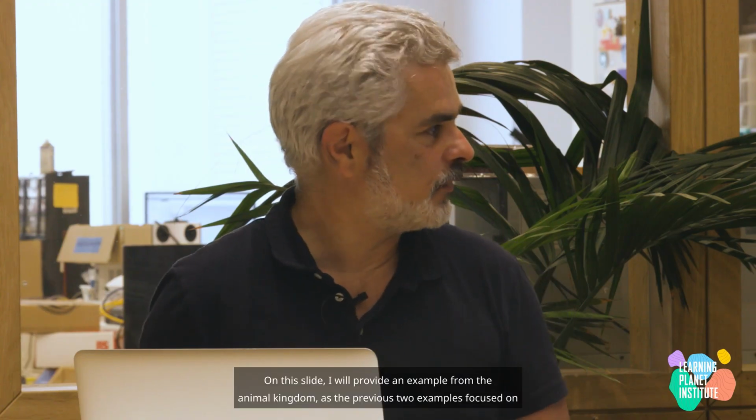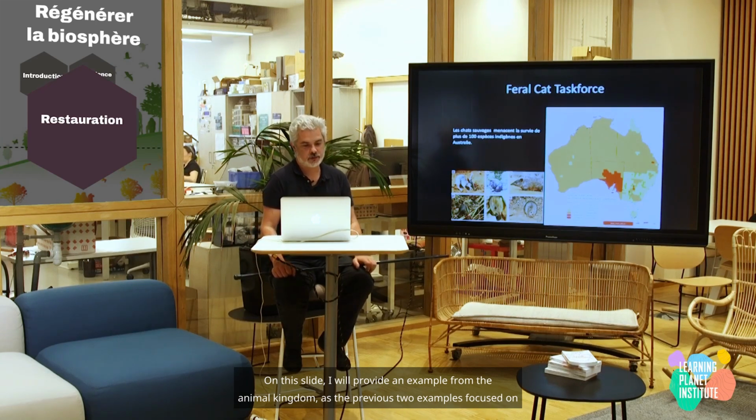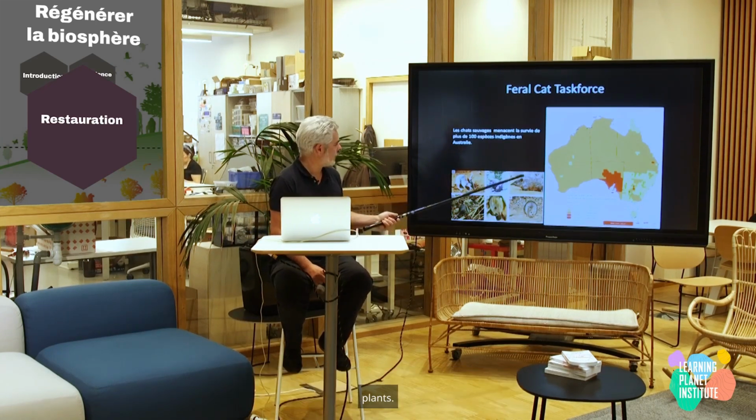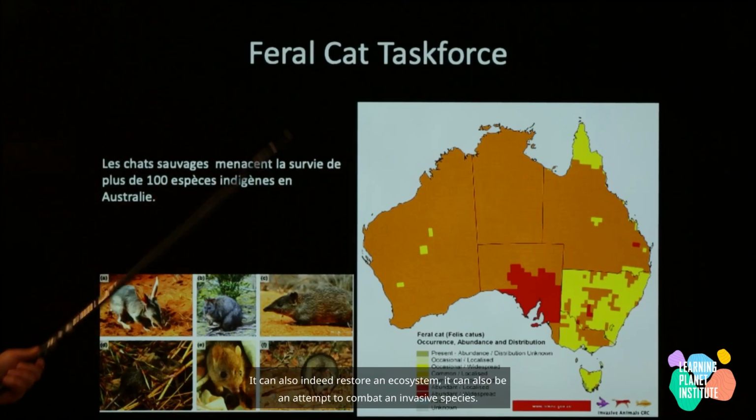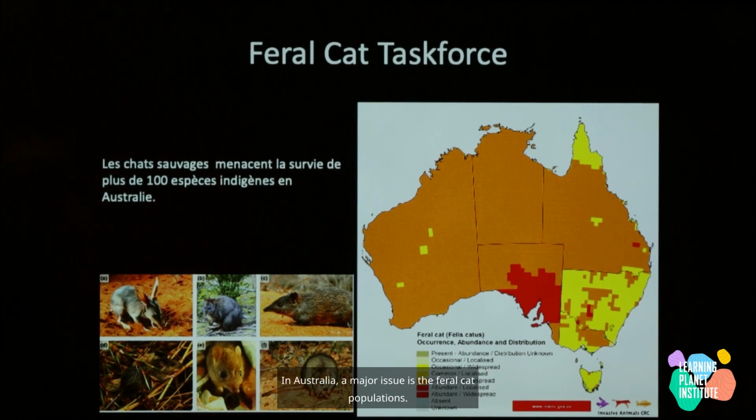On this slide, I will provide an example from the animal kingdom, as the previous two examples focused on plants. It can also indeed restore an ecosystem. It can also be an attempt to combat an invasive species. In Australia, a major issue is the feral cat populations.